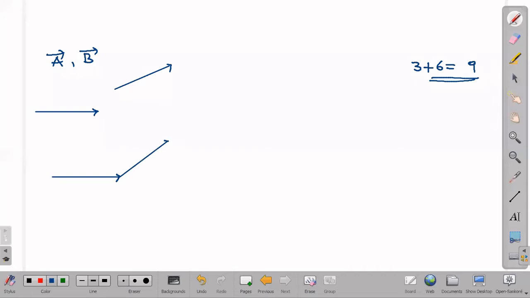So, of these two given vectors, I have taken A bar vector and brought B bar vector near to it, wherever the head of A bar is, near to the tail of B bar. Now, to add these two, the general way is, we will join the first vector tail to the second vector head.